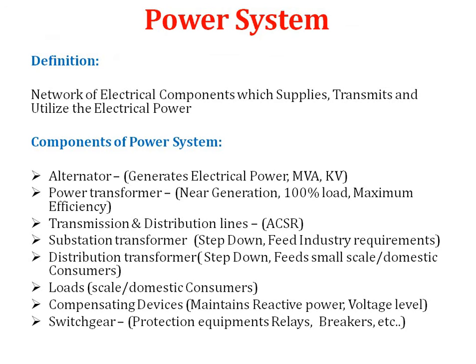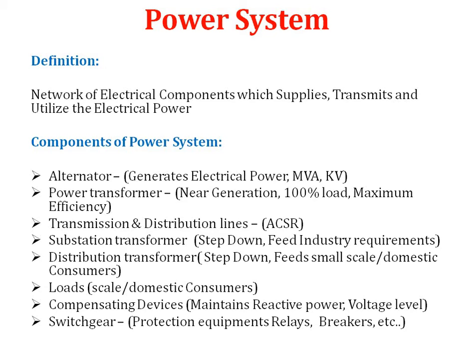Next, power system. Define power system. A network of electrical components which supplies, transmits and utilizes electric power. Components of power system. Alternator generates electric power, MVA, kV.